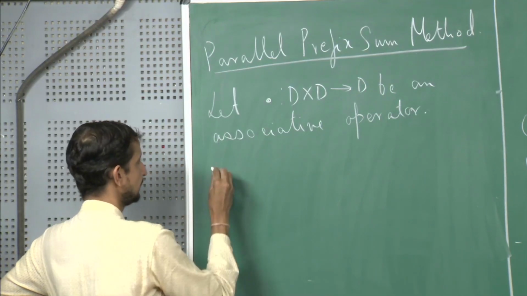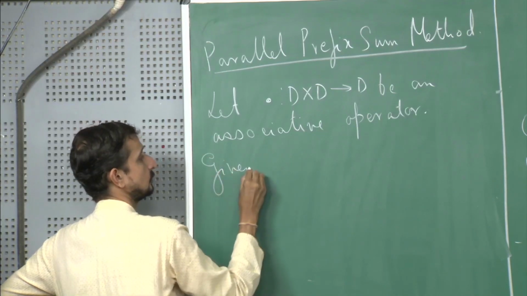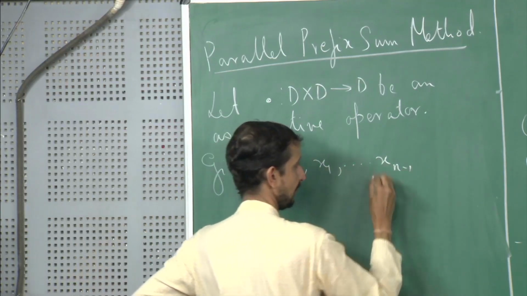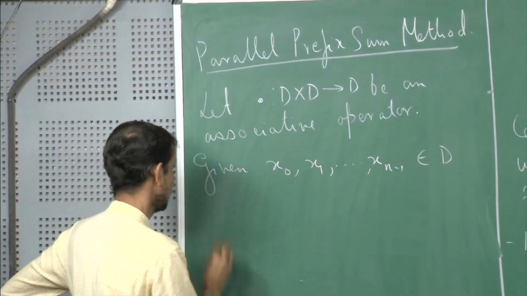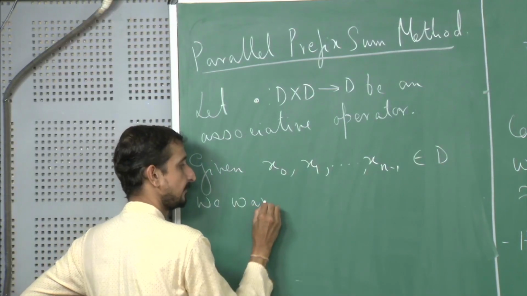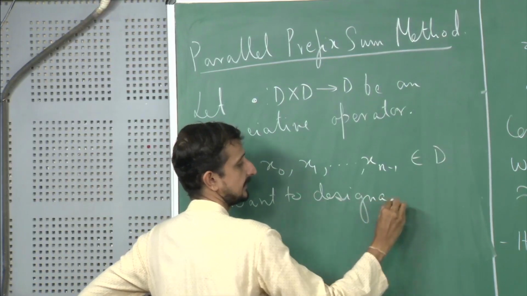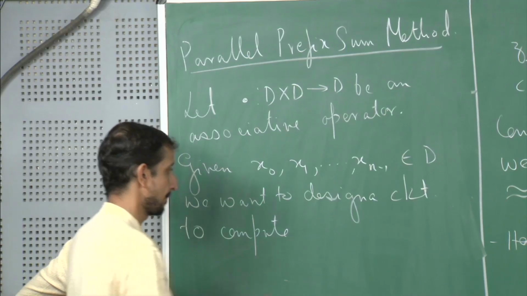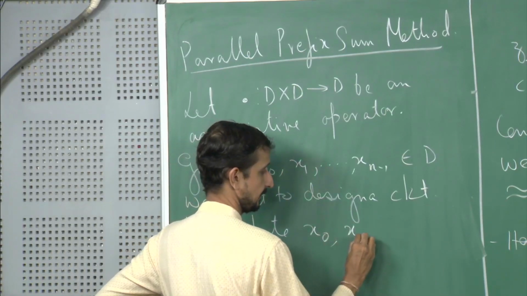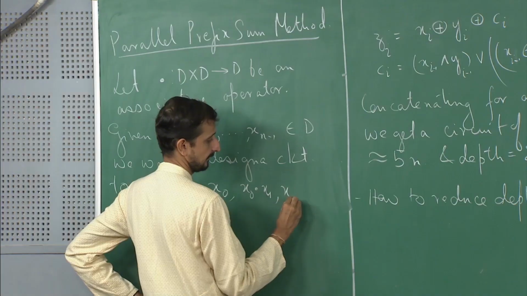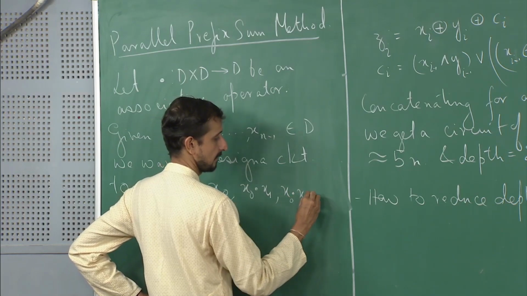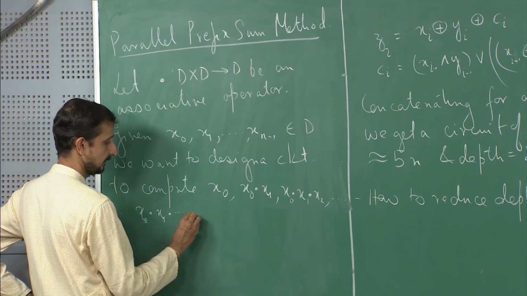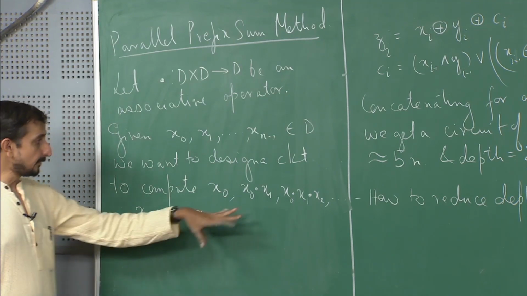So, now what we would like to compute is this: given x0, x1 up to xn minus 1, elements of D, we want to design a circuit to compute x0, then x0 dot x1, then x0 dot x1 dot x2, and so on till x0 dot x1 dot so on till x of n minus 1. So, we want to compute these n quantities.